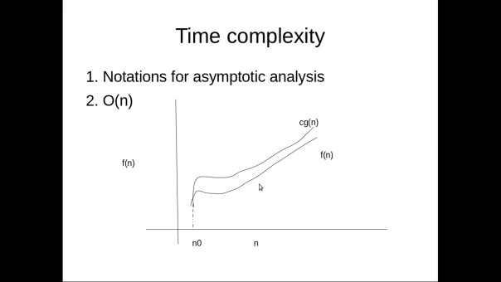Sometimes the function will be non-linear, and you don't know how to find the time complexity of that program or algorithm. But you know specific functions which are fixed, like order of n square: f of n is equal to n square, or g of n is equal to n square, g of n is equal to n cube, g of n is equal to log n.